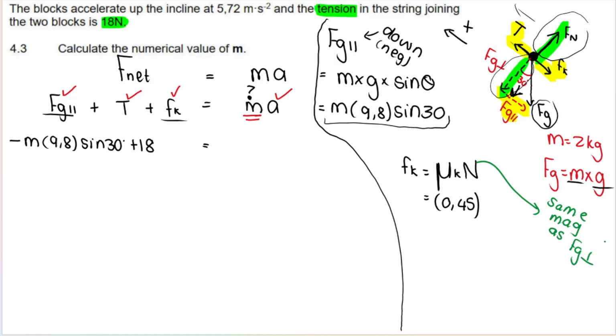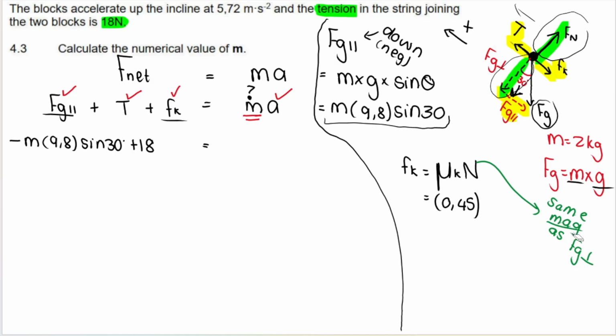Remember, it won't always be the same in all questions, because if there's another force acting in the up-down direction, then it won't be Fn equals Fg perpendicular. It'll be the sum of those three that will equal 0, but I've done that in other videos. So for this question, it is true that Fn and Fg perpendicular are the same magnitude. That's what I wrote there, magnitude.